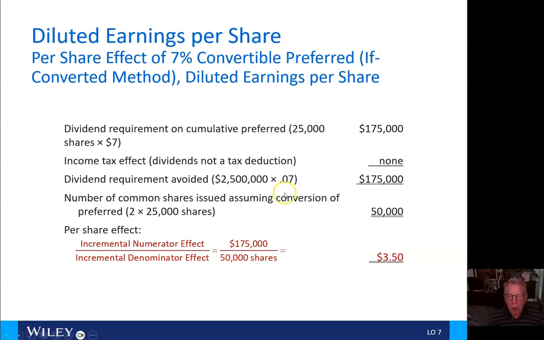The number of common shares issued, assuming conversion, is going to be 2 times 25,000 shares, and that'll be 50,000. So I can take the 175,000 and divide it by the 50,000 shares to get $3.50 per share effect.